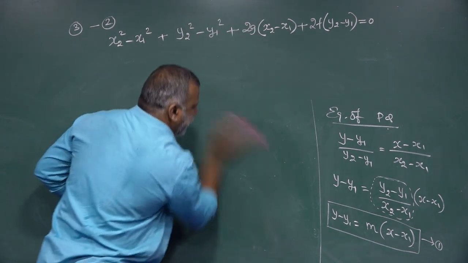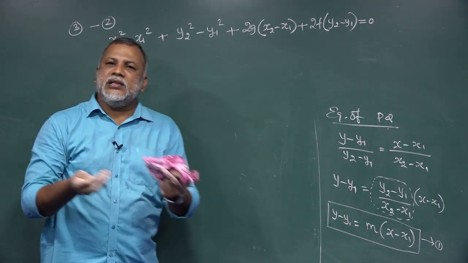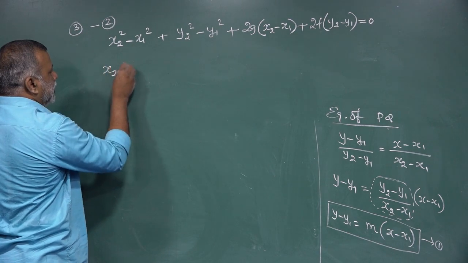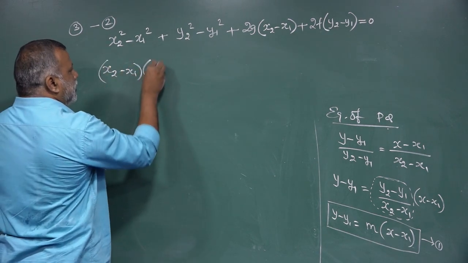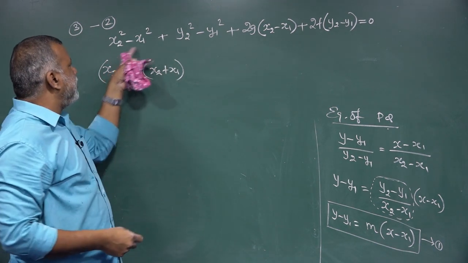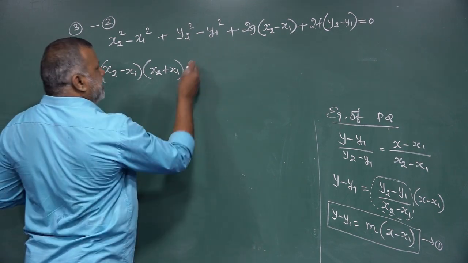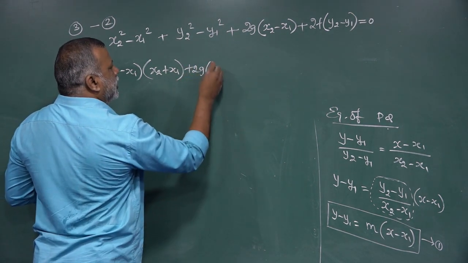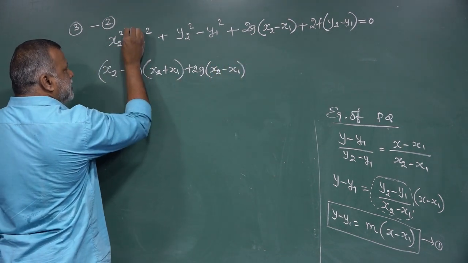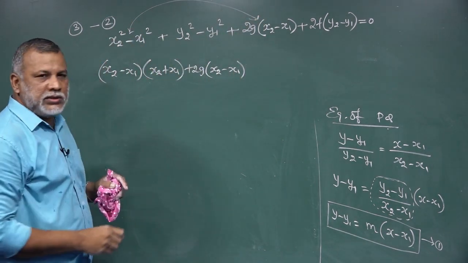Again I can simplify. See this one: x2 squared minus x1 squared. It is in the form of a squared minus b squared. So I can write x2 minus x1 times x2 plus x1, as we are able to split a squared minus b squared into the form of a plus b into a minus b. Here also we have x families, so I am pairing all these x families first.